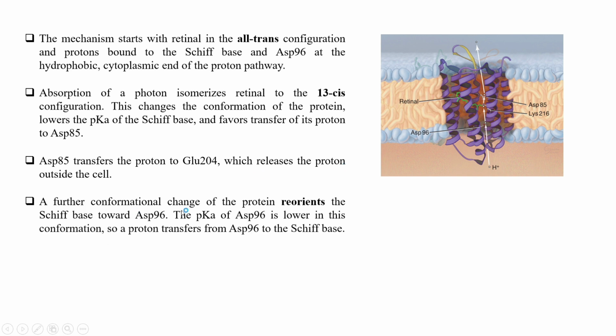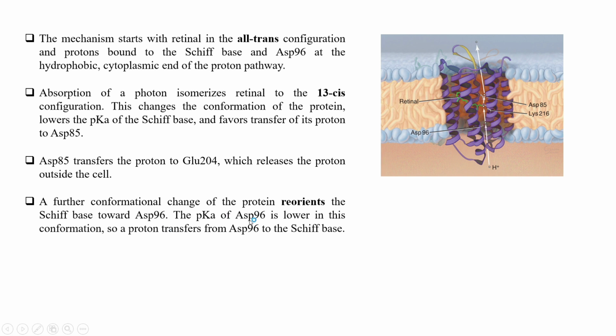Now a further conformational change of the protein reorients the Schiff base towards aspartate 96. As the protons move away from the inside to the outside, this chromophore or retinal reorients the Schiff base towards aspartate 96 to gain one proton.